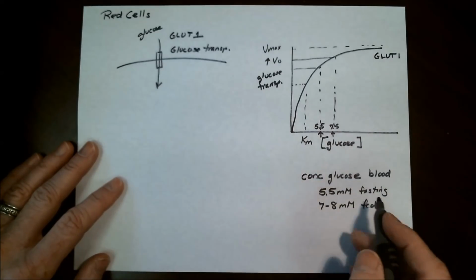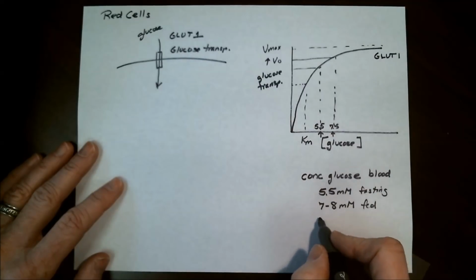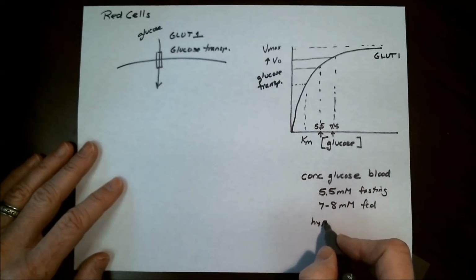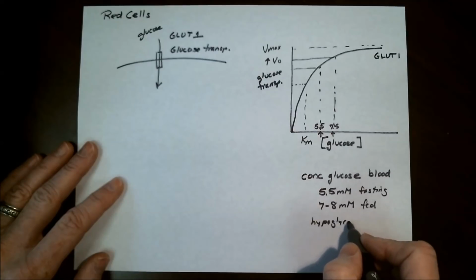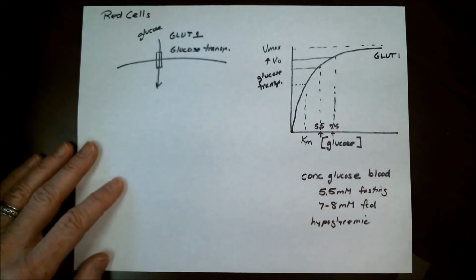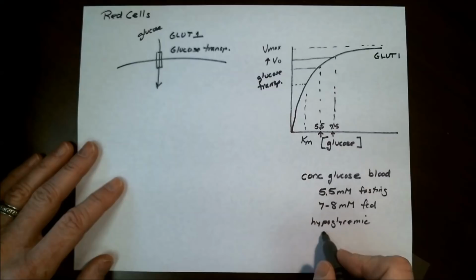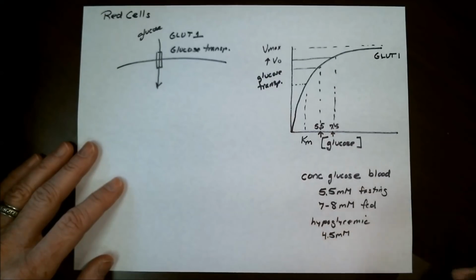Also notice that if we become hypoglycemic, and I think we've all experienced this where you get the shakes and the sweats because your blood glucose levels are a bit on the low side, hypoglycemia can be considered, say, approximately around 4 millimolar glucose concentration.